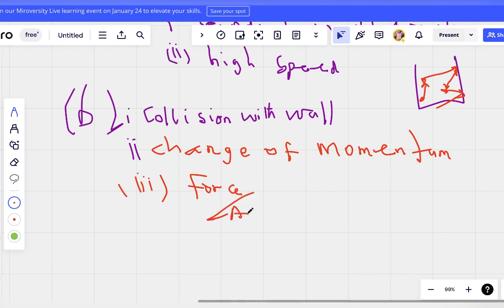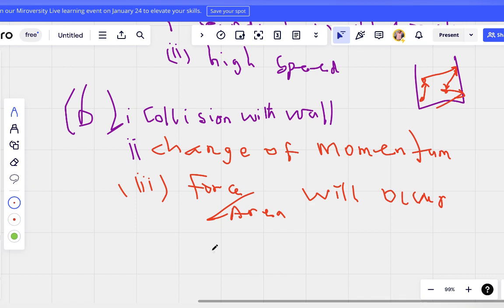You say force over an area will occur, because the molecule hits the wall with a force and on a specific area. Or what you call the total change of momentum per second.